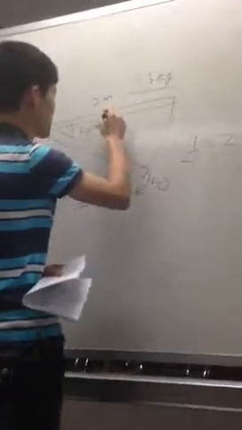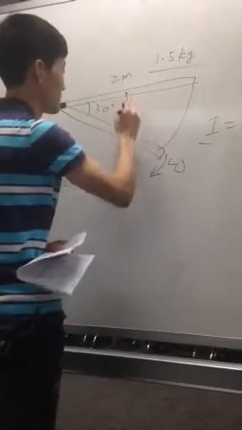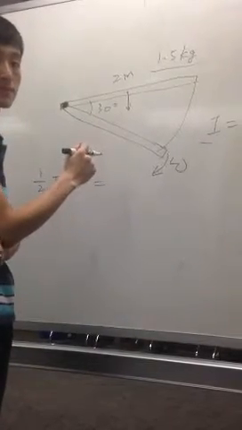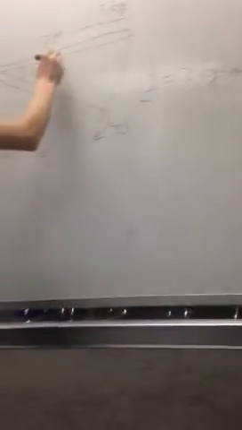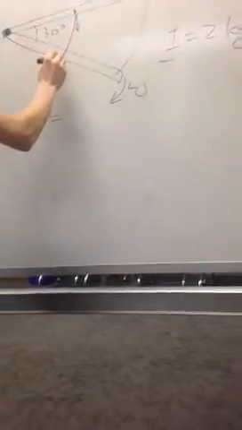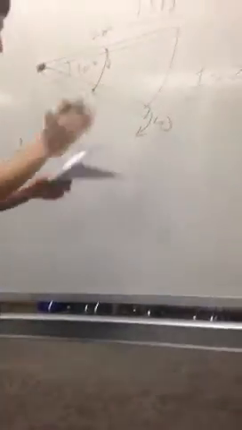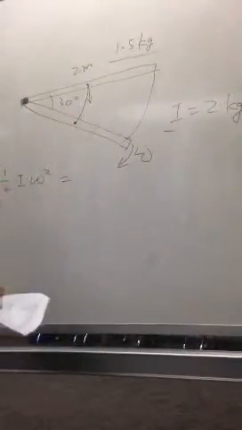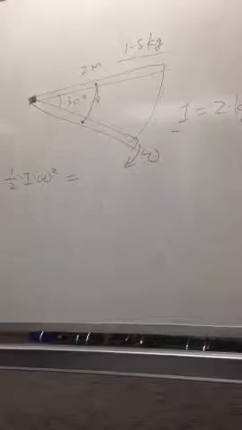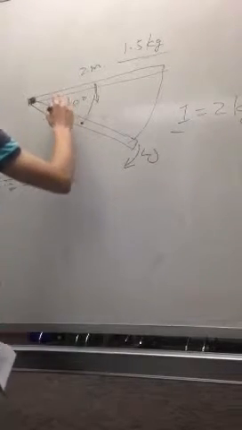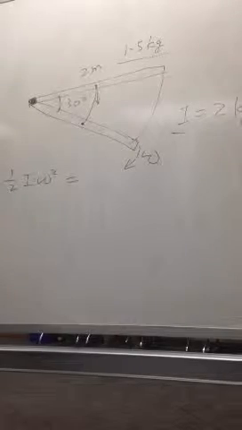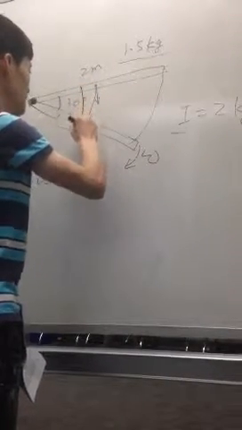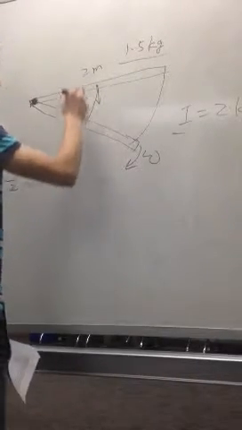The center of the mass will be in the middle of the rod, and we know here is 30 degrees, and if you draw a line here, here is 90 degrees.